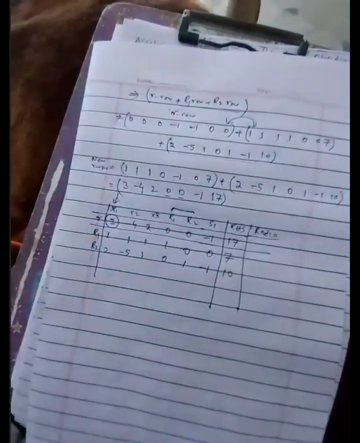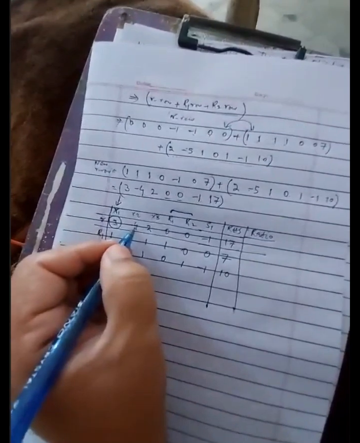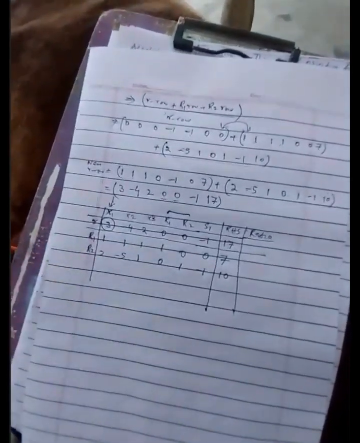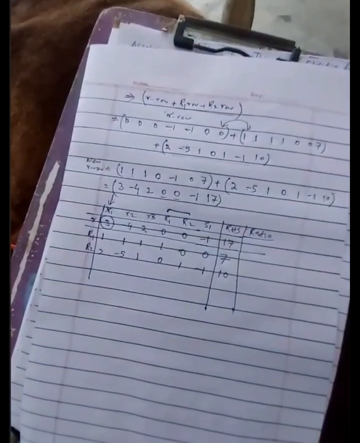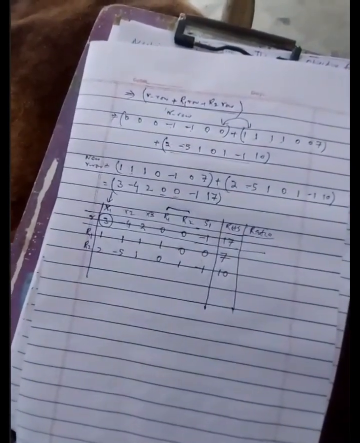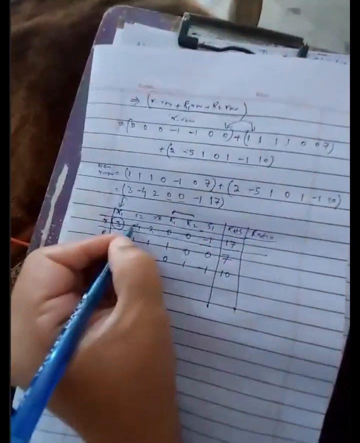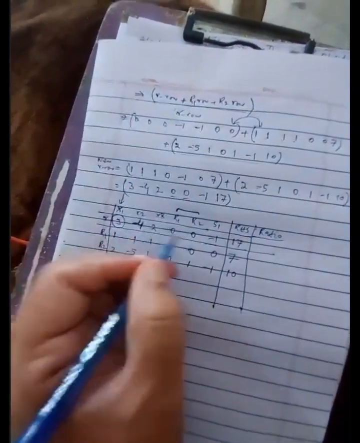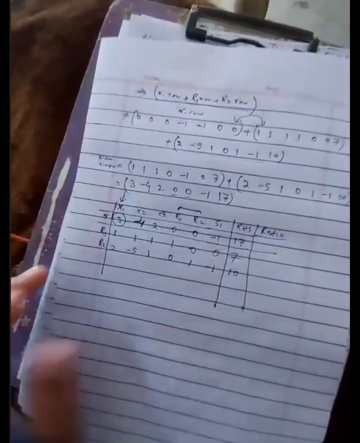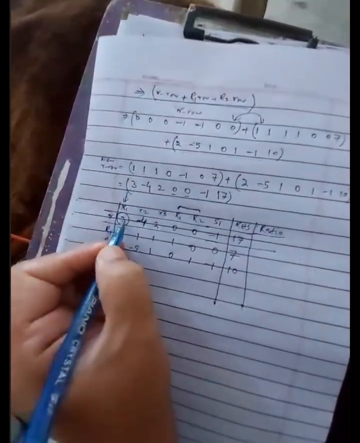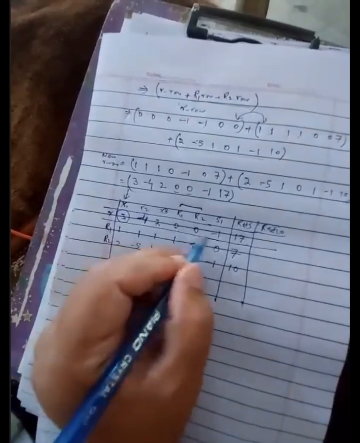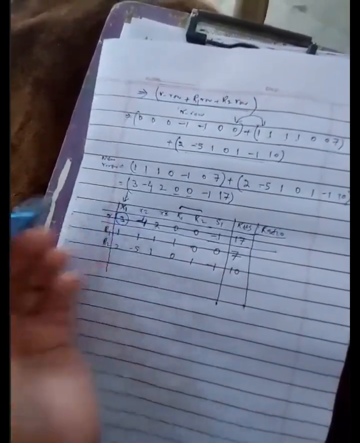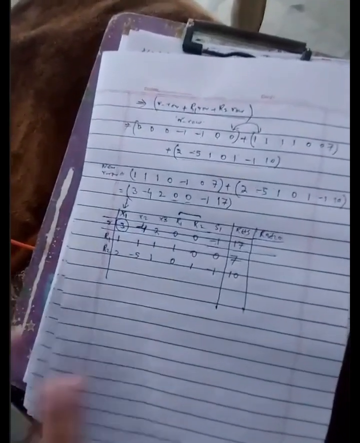If it were maximization, we would go for minus 4 because it is the maximum negative. But here we will go for the maximum positive. So this is 3, this is 2, 0 0 1. Now 3 is greater than 2, so x1 will be the entering variable, the maximum positive.